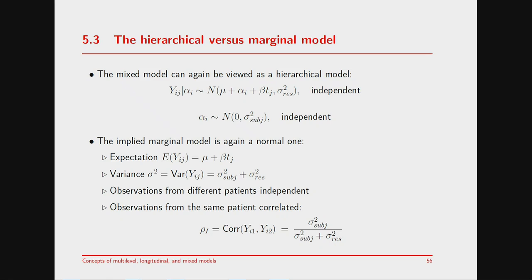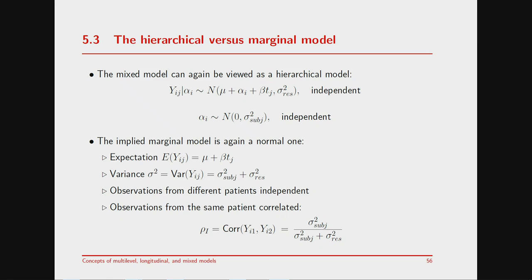Obviously, observations from 2 different subjects will be independent, because they have no random terms in common which are correlated. But if you take the 2 observations from a single subject, they share that random subject effect. And if you share something which is random between 2 observations, that creates an association. So observations from the same patient will be correlated.